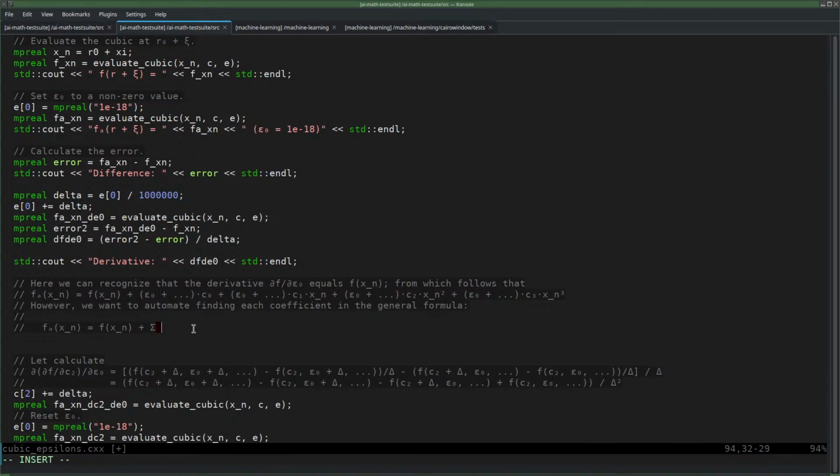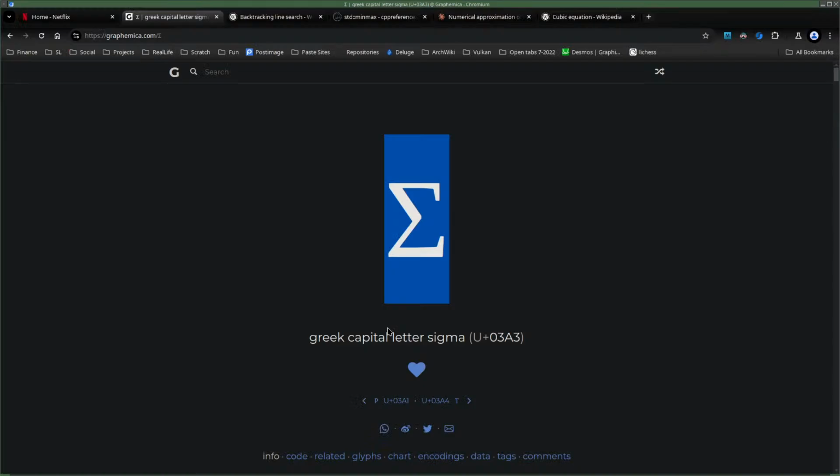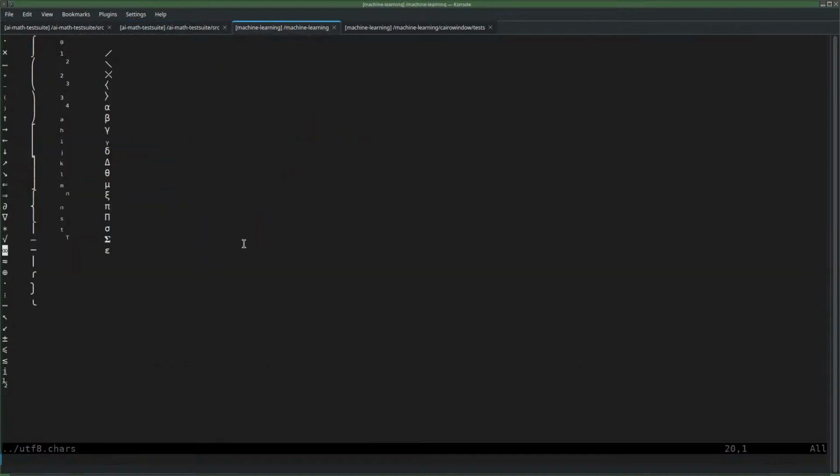So we do the sum over all epsilons, with some factor in front of it. Let's call them alpha. I mean, why not?